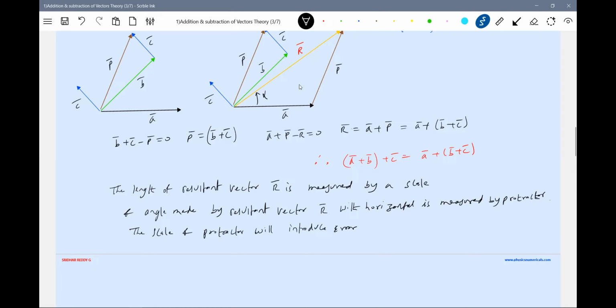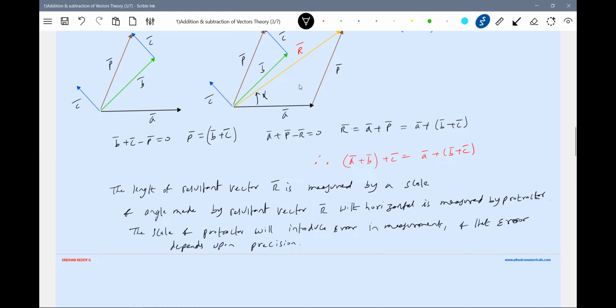The scale and protractor will introduce error in measurement, and that error depends upon the precision of instruments. Or we'll write it, just precision.